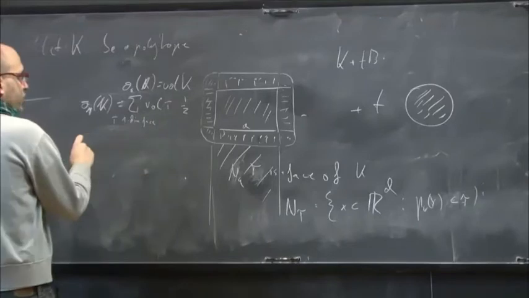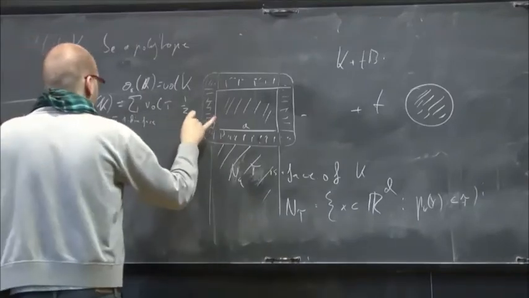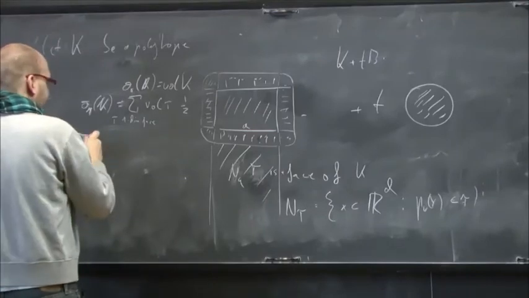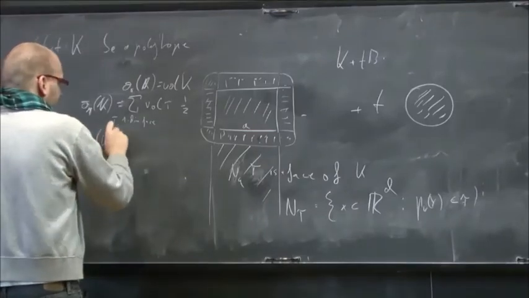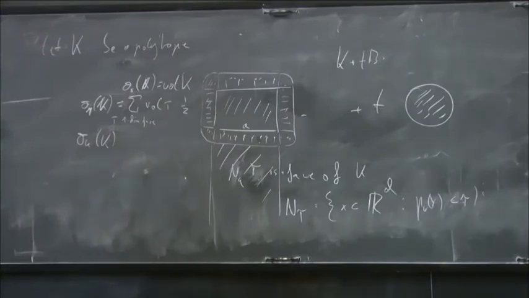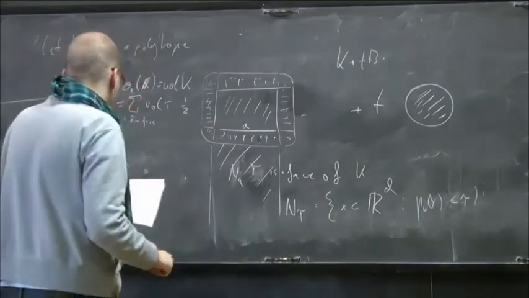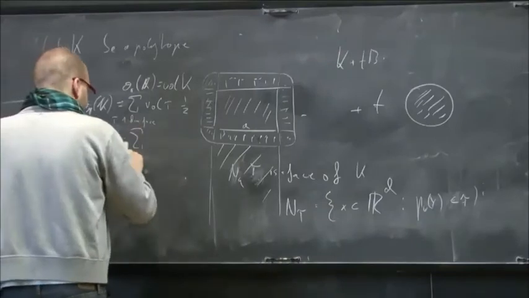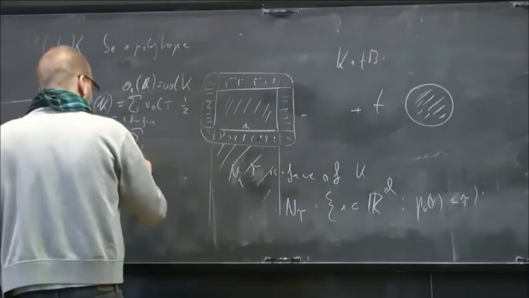Now I have the linear coefficient; to go to the higher coefficients, what is the general coefficient? Well, I have to sum over tau the k-dimensional faces.